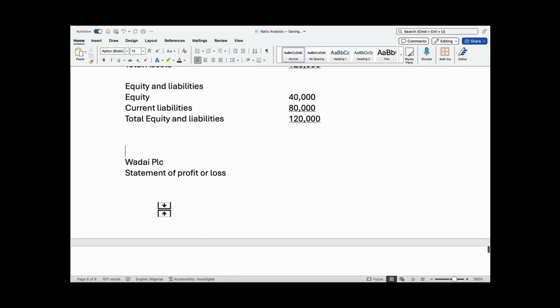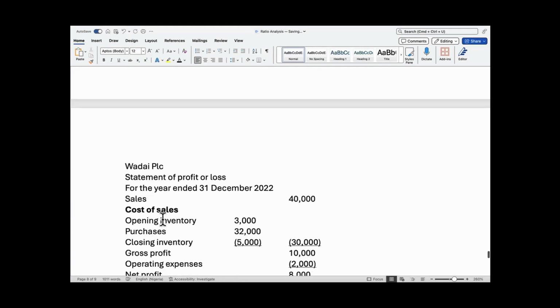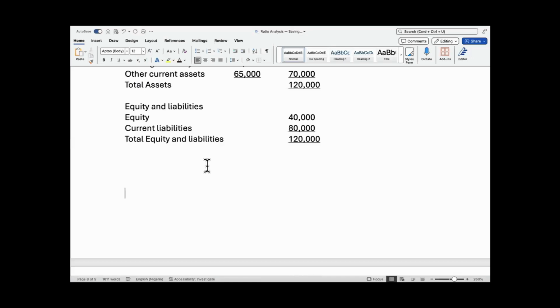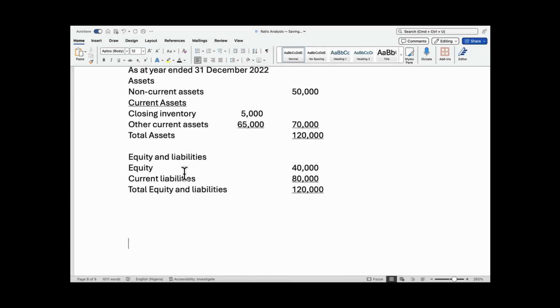But really, don't be bothered about balancing or not balancing in the exam, especially when you're faced with a question like this that you assume should balance. Even if I don't change it, if I leave it, put equity, put net profit, I will still get my 10 marks complete.